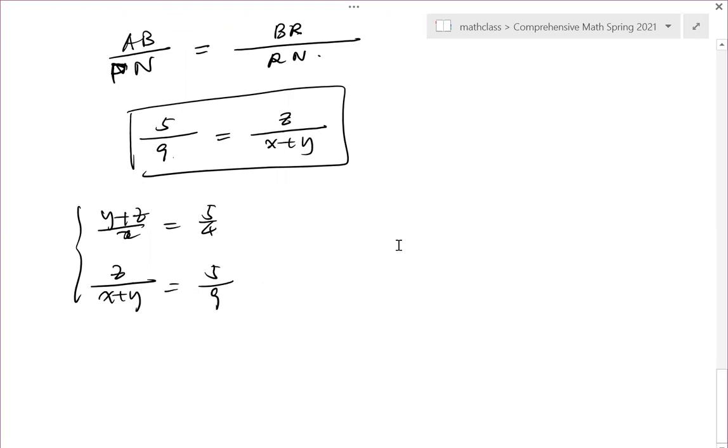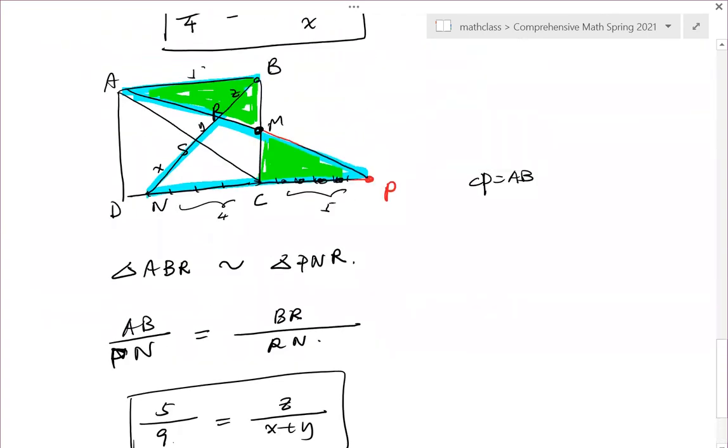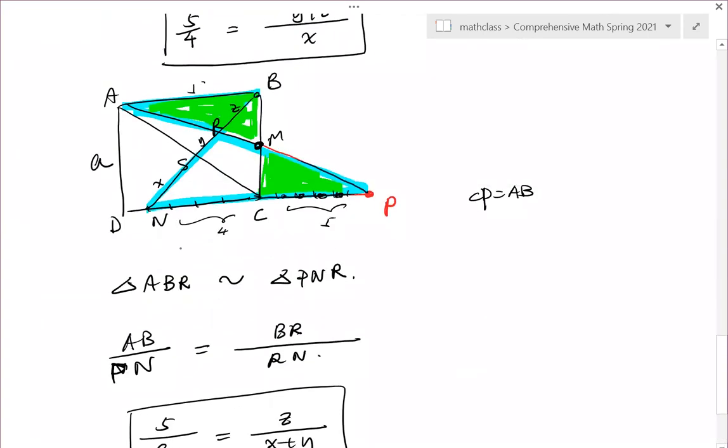If you know the size of the square, you may be able to get another equation, so you can determine x, y, z. What is another equation? You can use the Pythagorean theorem. For example, if this edge is A, just apply the Pythagorean theorem to one of these triangles, and you can get another equation.